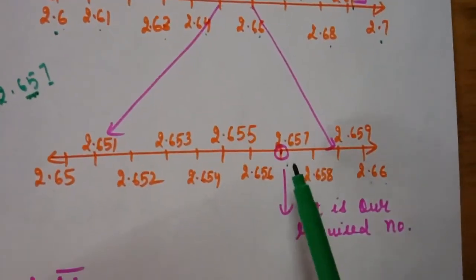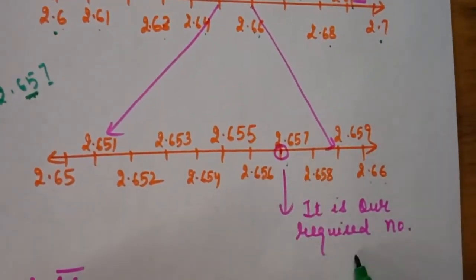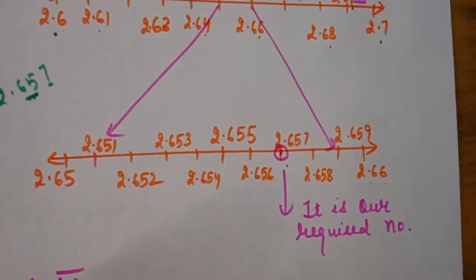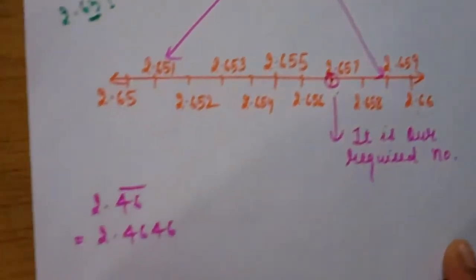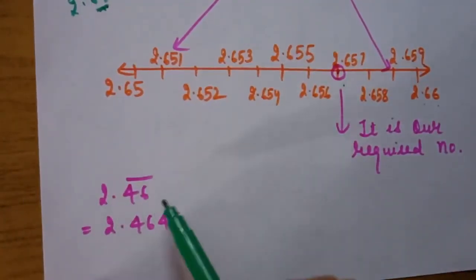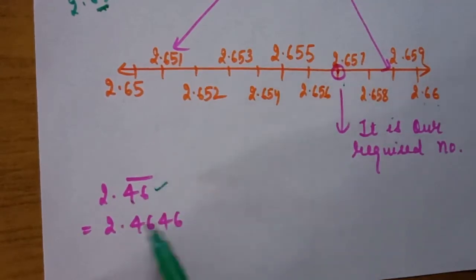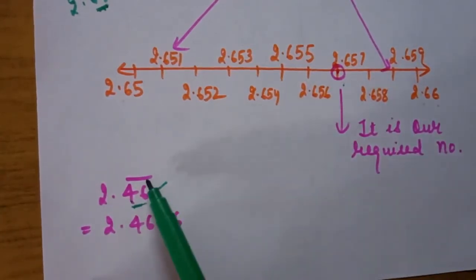It is 2.657, our required number. Now this is a normal decimal expansion. If we have a non-terminating but repeating decimal, how will we draw the number on a number line? If we have a question like this, with a bar over 6, it means it is non-terminating but repeating, and this portion repeats again and again, which is what the bar means.